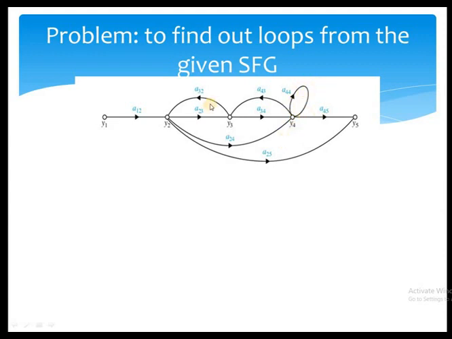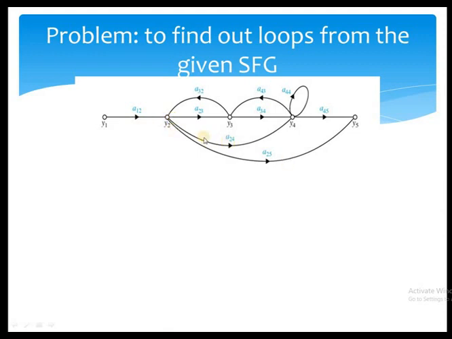Just identifying, we have 3 return signals, and how many forward signals do we have from input to output? Forward signals represent the forward paths, that is, forward direction signals. Y1 is the input node, Y5 is the output node. So how many forward signals do we have? From Y1 to Y2 and Y2 to Y3 and Y3 to Y4 and it reaches Y5. This is the first straight forward path. One more forward path deviates at Y2.